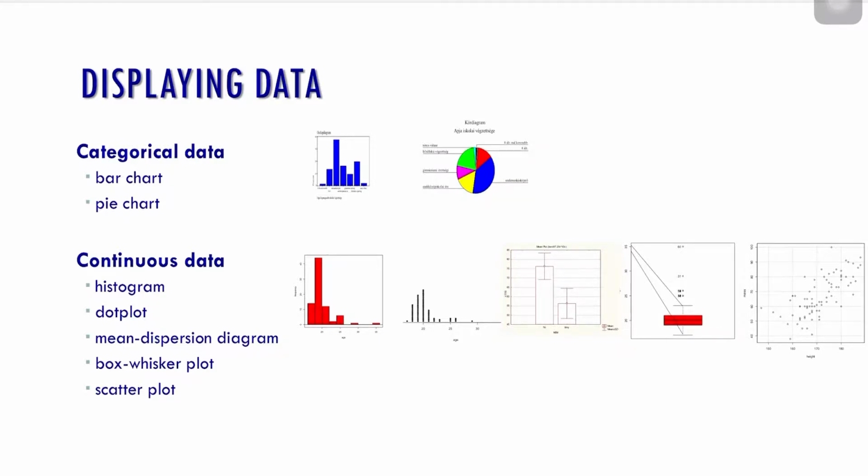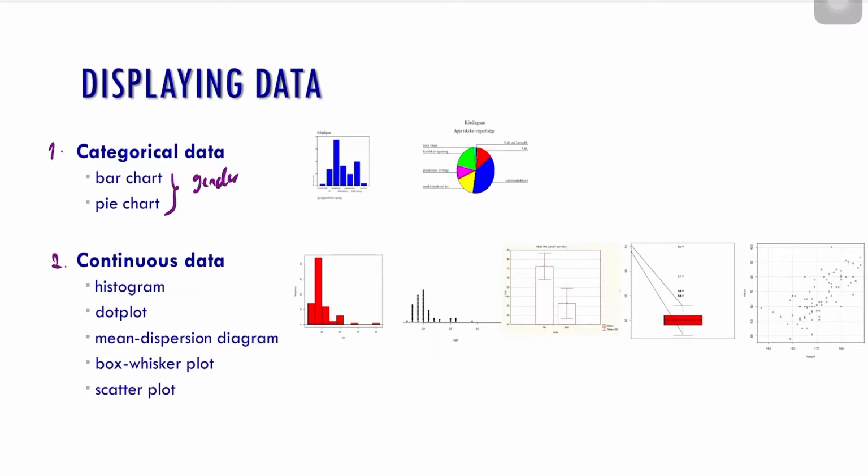About displaying data, we can come back to our last study about the type of variable. We have two types of variable: categorical and continuous. Usually, because categorical variables are definite, in this case we can use a bar or pie chart, because we know, for example, about the gender. We know about the gender, we have two, or we can use a pie chart.